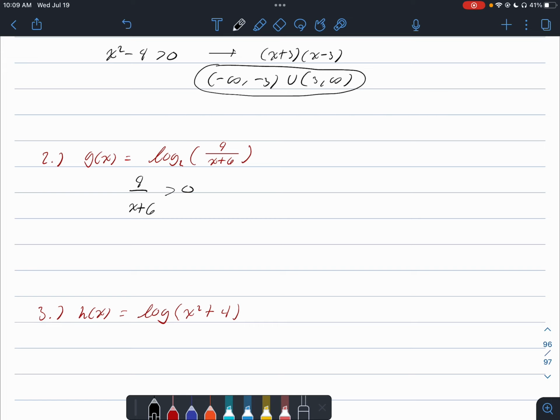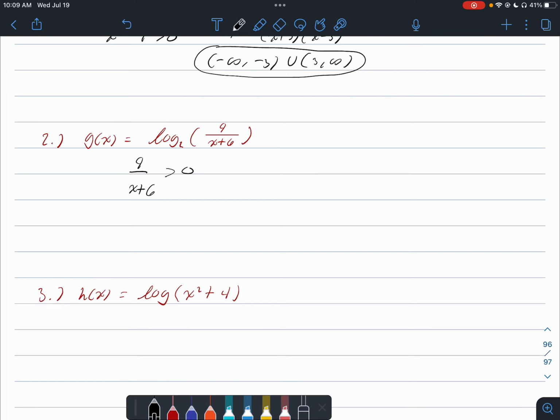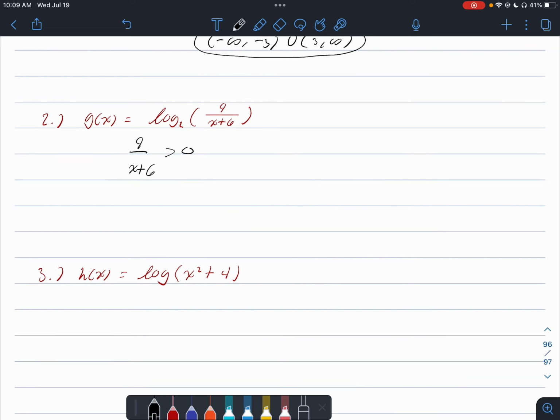One thing we can note right off the bat is that since the numerator 9 is positive, we need to make sure that the denominator is also positive. So you can actually further simplify this as x plus 6 is greater than 0.